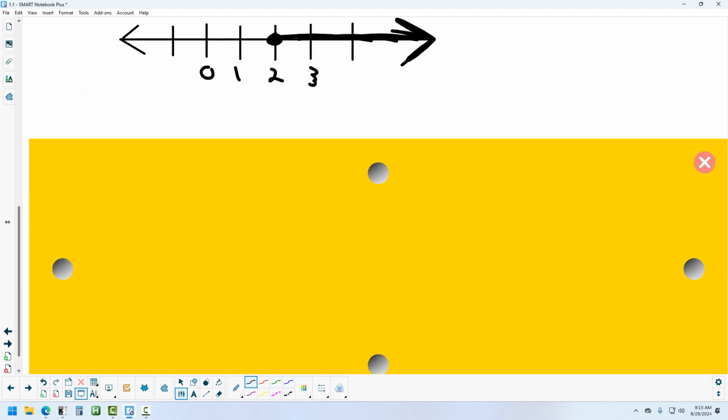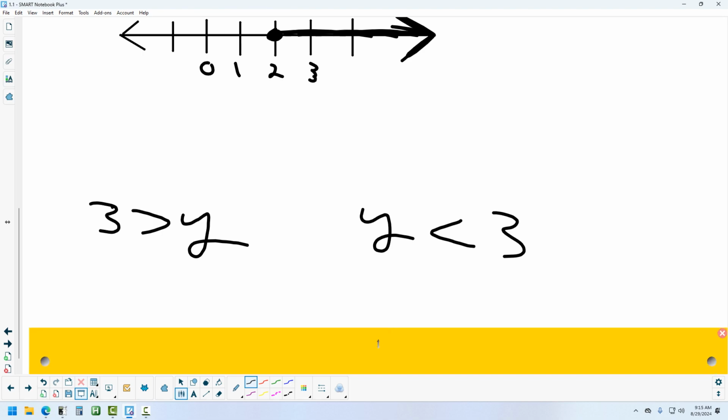Okay. Let's try this one. Are these representing the same thing? Yeah. You've got a 3 and a y, and it's pointing at the y. So yeah, they are the same thing. Which one would you think we prefer? The one on the left or the one on the right? The one on the left. How come?